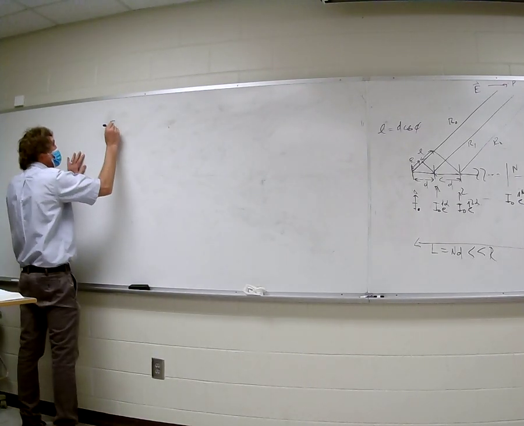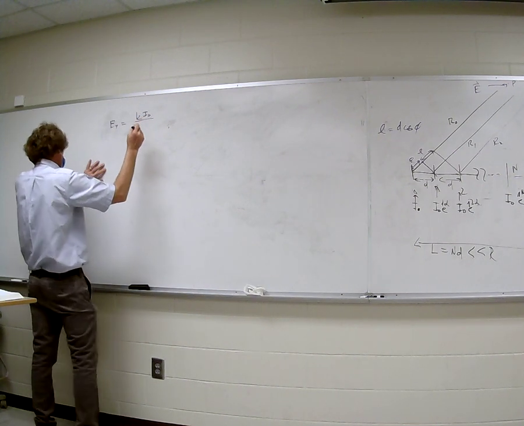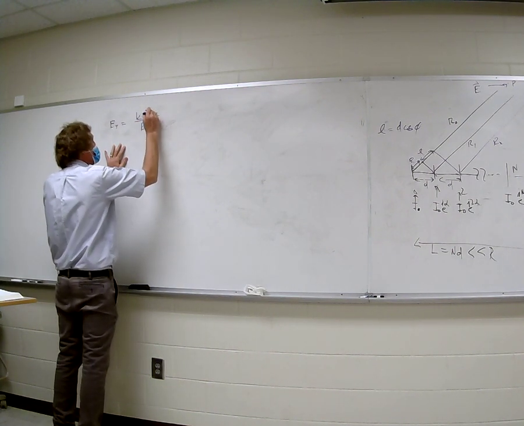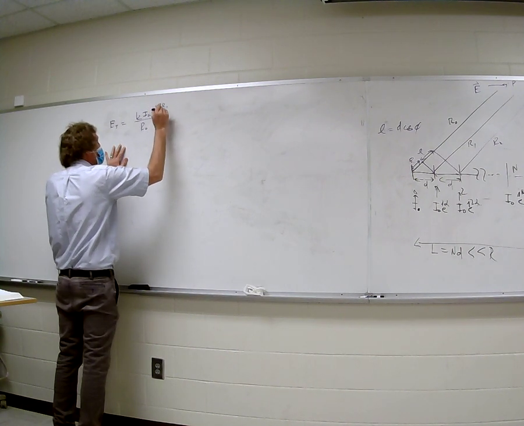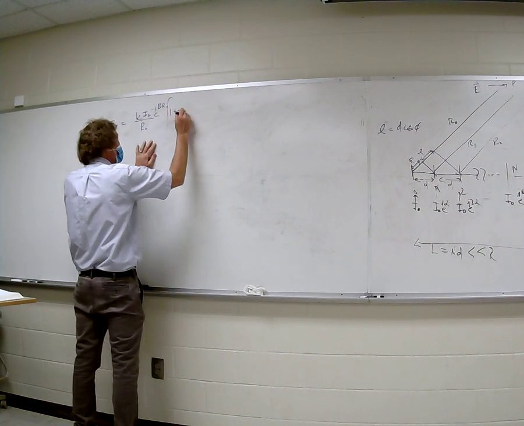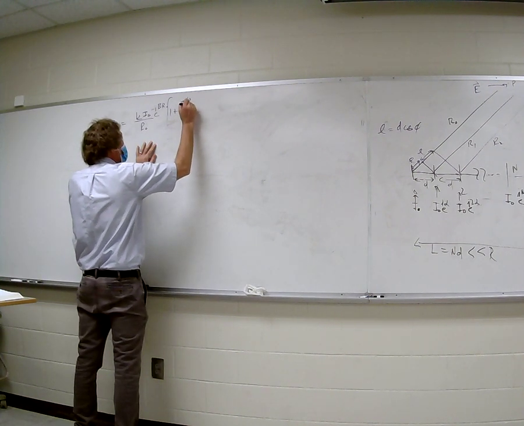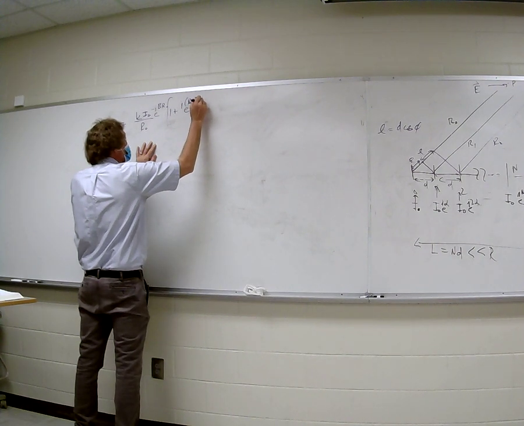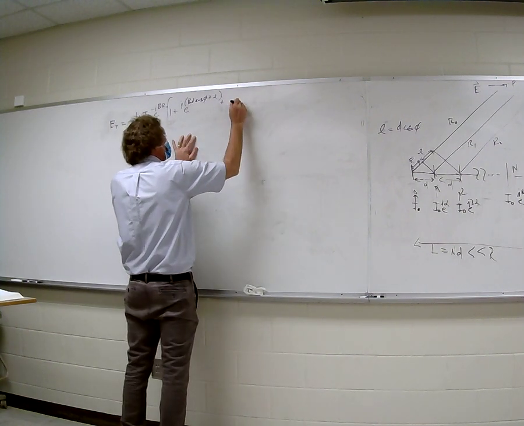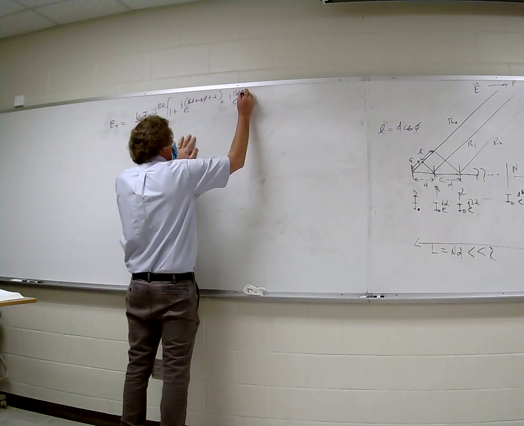I can say, in general, my total E field would be equal to K I naught over R naught, or any of these R's, times e to the minus j beta R naught, and then it's going to be 1 plus e to the j beta d cosine of phi plus alpha plus e to the j beta d cosine of phi.